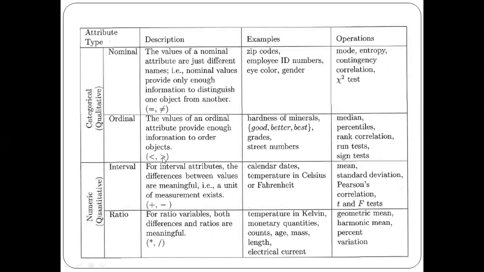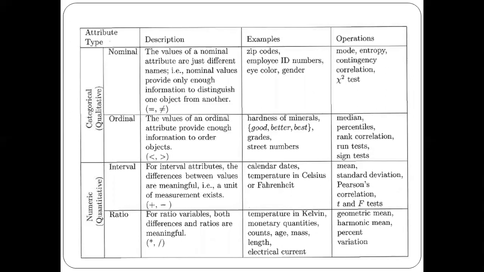Now if you come to the classification, we have got two main different types of attributes here. One is nominal and ordinal. Those are categorized as categorical or qualitative attributes. Categorical means they normally come under symbolic attributes. Symbolic attributes means string types of attributes.